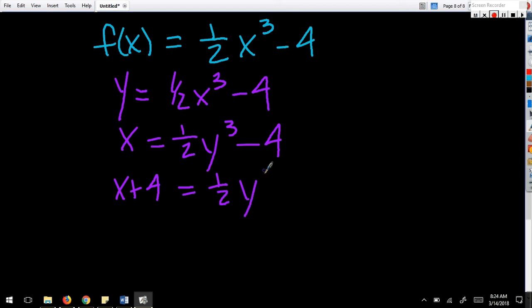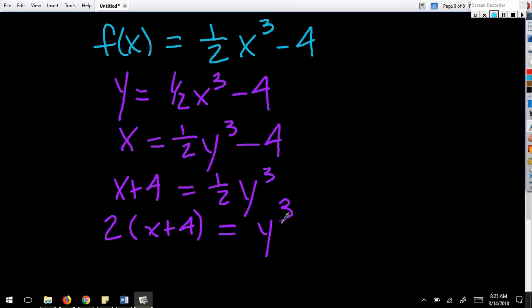Now what? Multiply by the reciprocal. I'm going to multiply by 2. Don't make this harder than it is. Leave it just like that. I'm not asking you to expand it out. I'm not asking you to distribute. I'm simply asking you to find the inverse equation. If you divide by 1/2, would it look different? Well, you don't ever want to leave a fraction in a fraction.